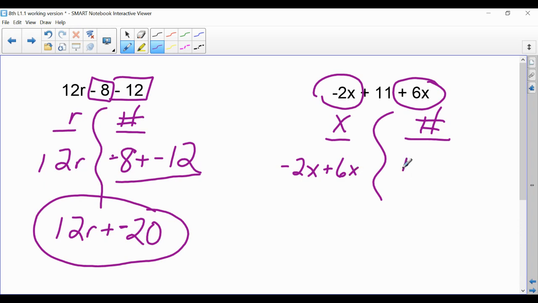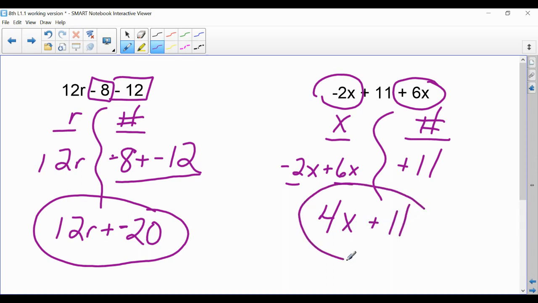And then we have left a plus 11. So we have a negative and a positive. Different signs, find the difference. So 6 minus 2 is 4. Answer gets the sign of the larger value. So it's a positive 4x plus, and then just that 11 comes down. So the answer to that one is 4x plus 11.